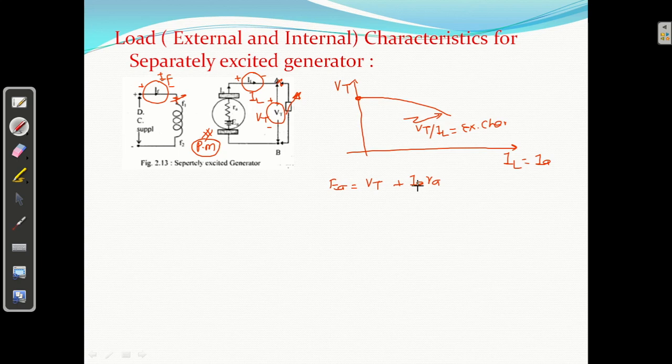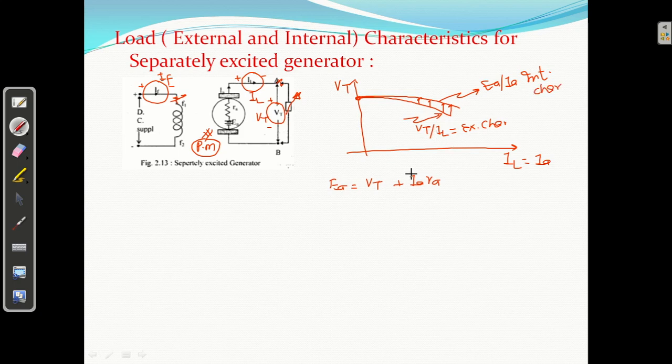IA and RA are known. If you keep adding IARA like this, you will get another characteristic. This is called EA versus IA or IL, called the internal characteristic.